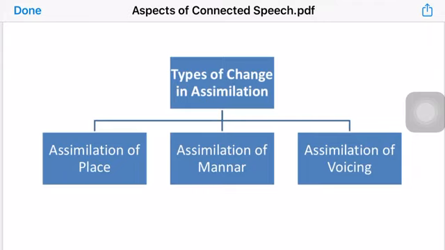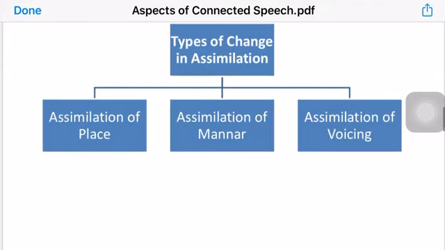And you know that we have different types of consonants that have different types of manner of articulation. So we have fricative, we have stop or plosive, we have affricate, we have lateral, we have approximant, etc.